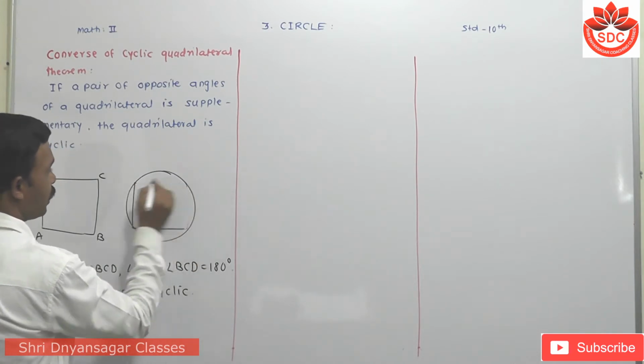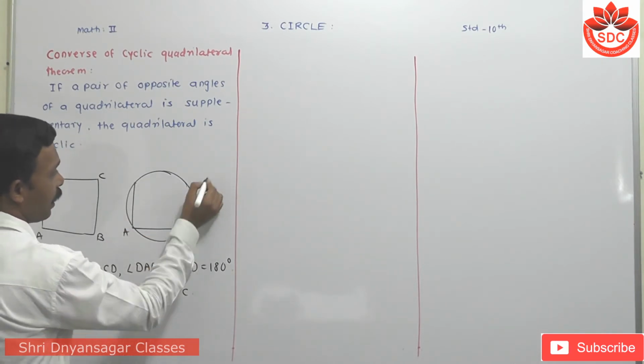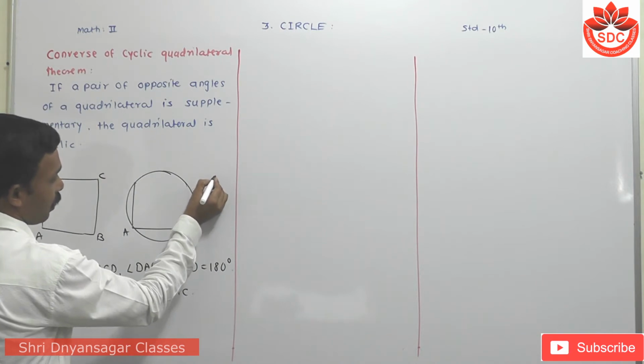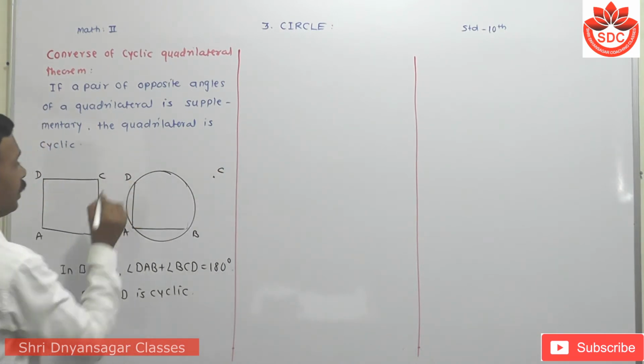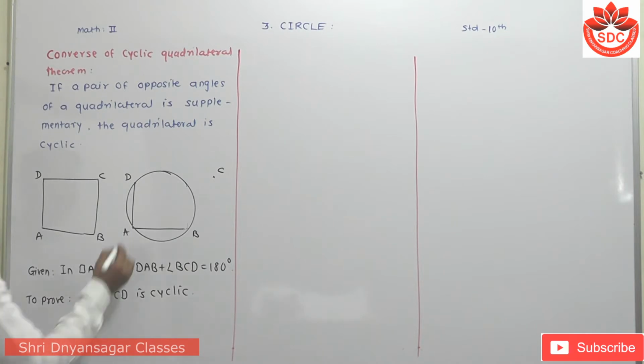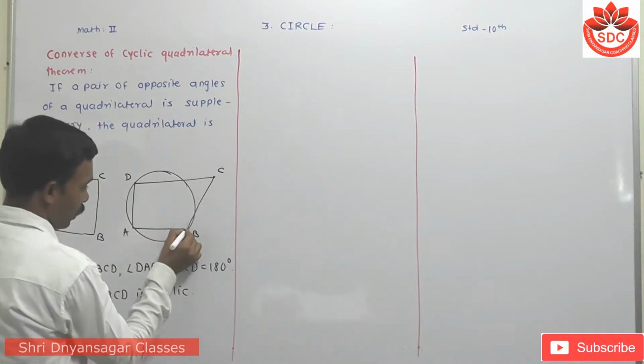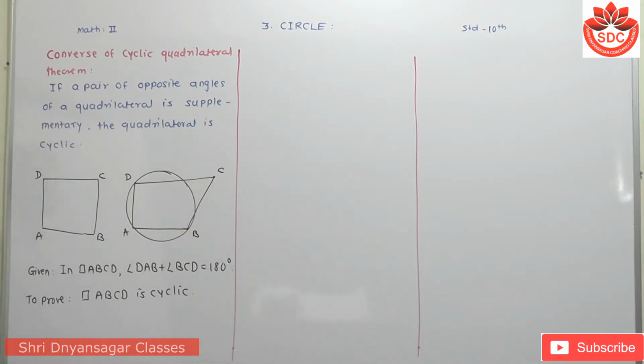Suppose that A, B, and here is C, which is the exterior, and here is D. Now when we join this, this is the quadrilateral ABCD, suppose.